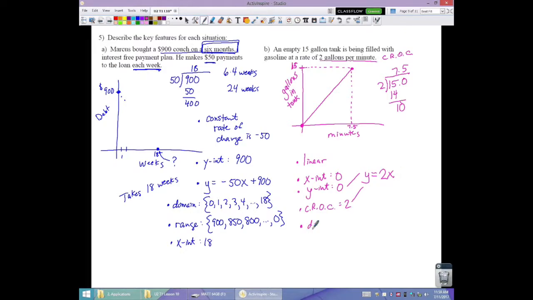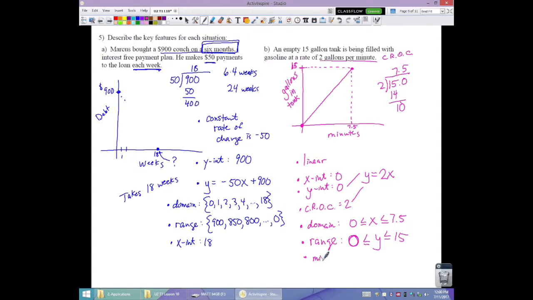This one has a domain. It starts at 0, has every amount of minutes up to 7.5. So we would say our domain is from 0, including the 0, up to and including 7.5. Our range would be from the minimum in the tank of 0 up to and including the full tank, 15 gallons.